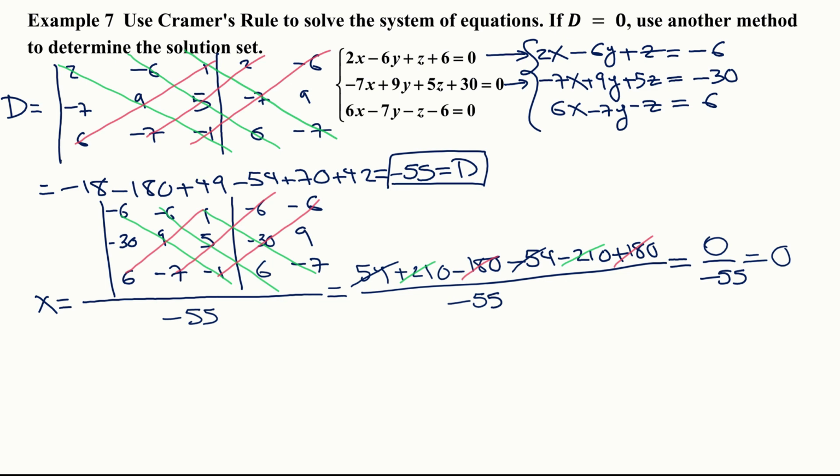Now we do the same thing for y. So this time we're going to replace the coefficients for y, right? But we keep the x and z coefficients. So 2, negative 7, 6. And we replace the coefficients of y with negative 6, negative 36.